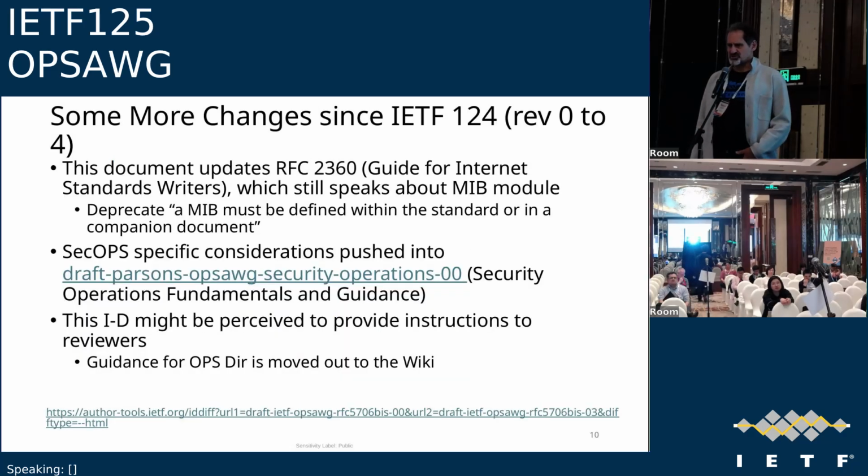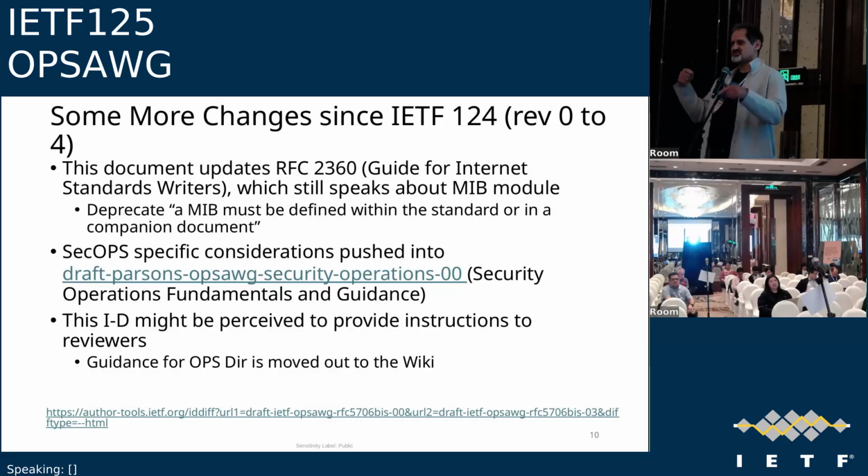So, some more changes since the last revision. We updated RFC 2360, the guide for Internet Standards writers, which was defined a long time ago, so we have to update that old RFC. We have also been discussing SecOps.